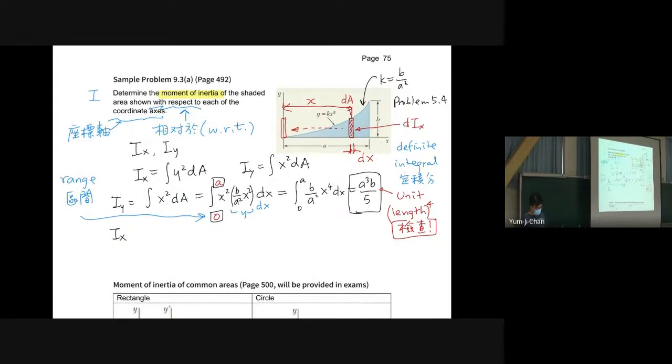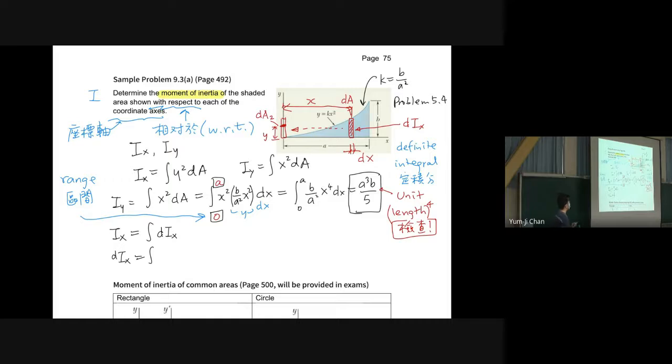Now let's do this dIx here. We calculate this one, and this one is called, let's say, dA2, and this small area has the distance of y with the x-axis.